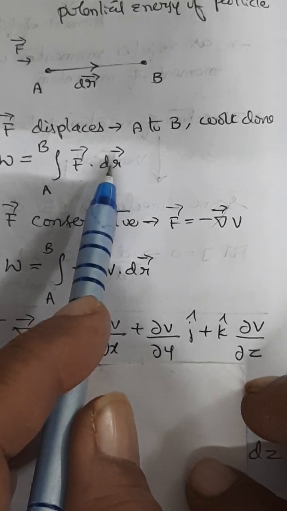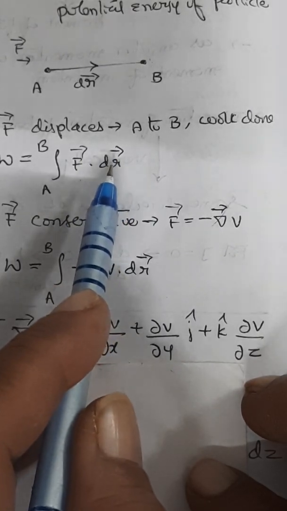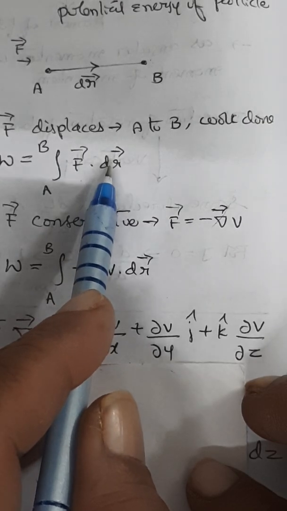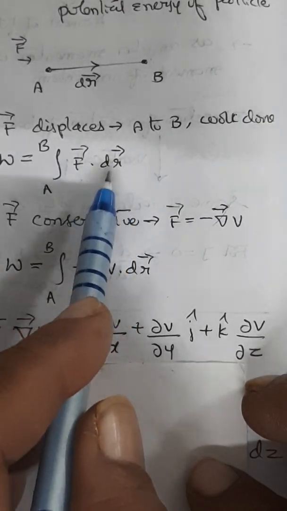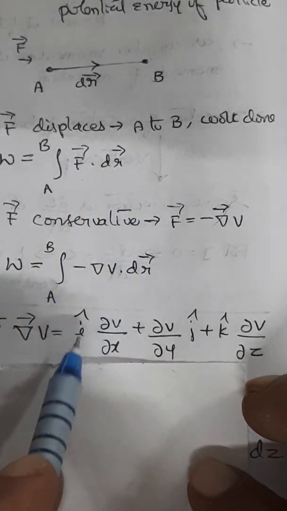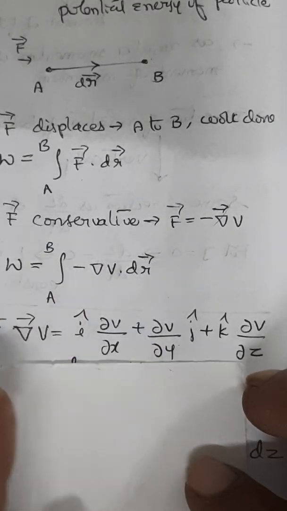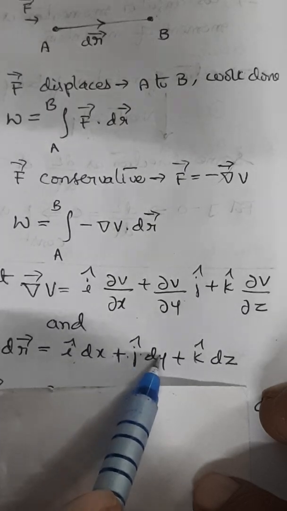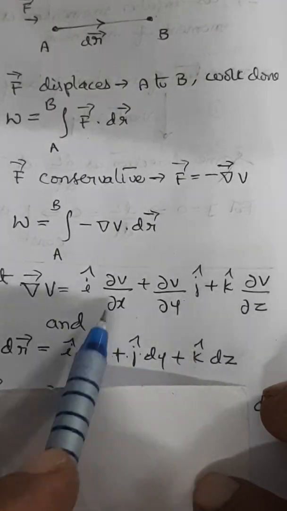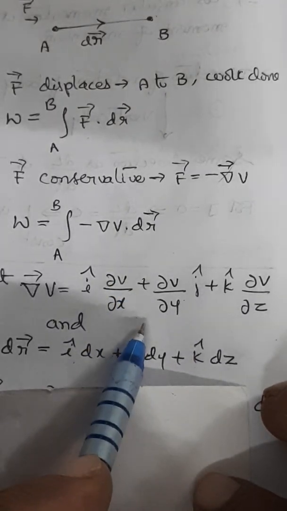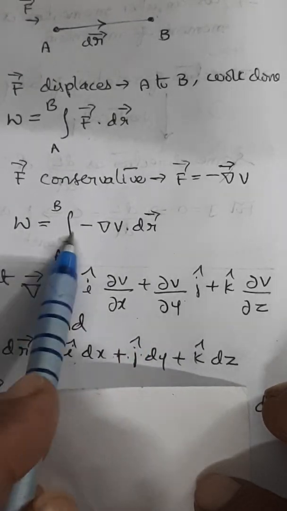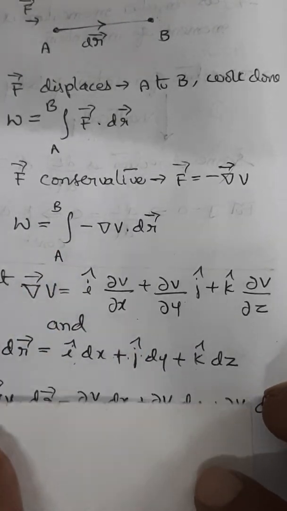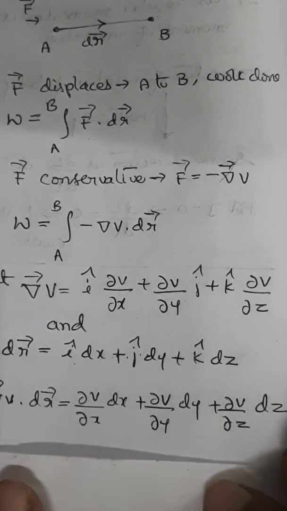So this you can represent again in Cartesian coordinates as i into dx plus j into dy plus k into dz. So this del V can be represented like this, and this dr can be represented like i dx plus j dy plus k dz. Substituting these two values in this integral, we shall see what we will get.